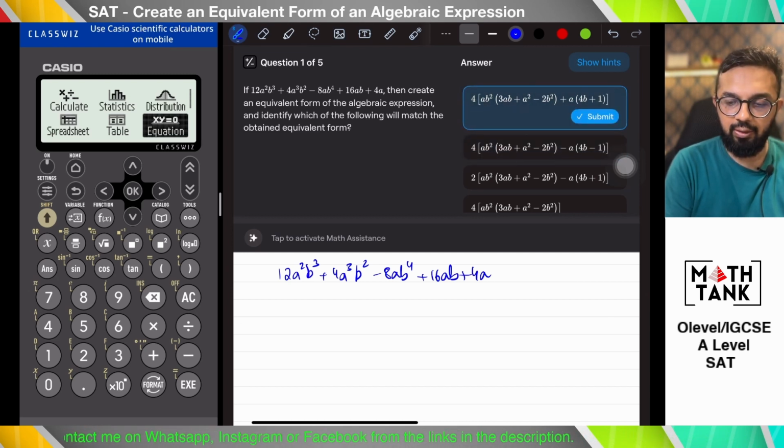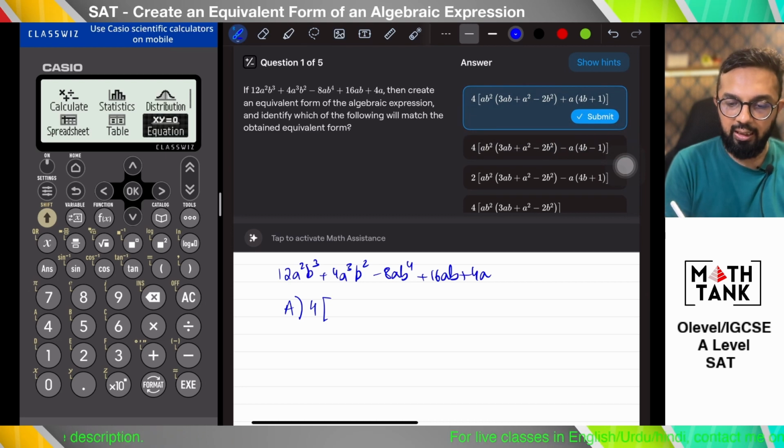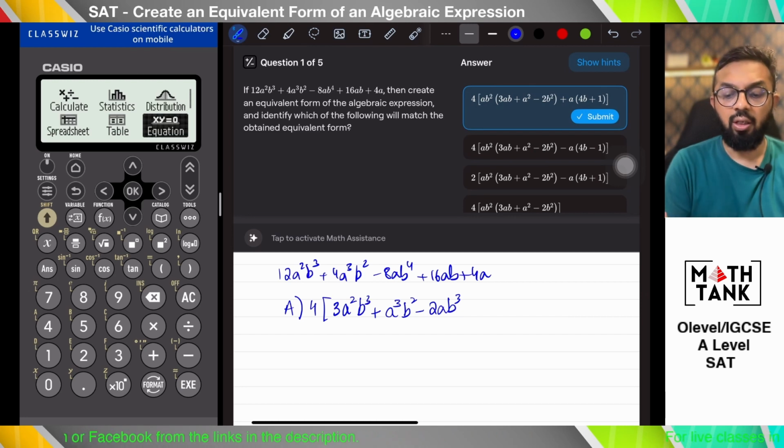Now, the difference in the two answer options that I see, I could go ahead and do a trial and error and say that let's first try to expand A and see what we get. We get 3a squared b cubed plus a cubed b squared minus 2ab cubed, and that gives me the first three terms that I have there in the original expression.